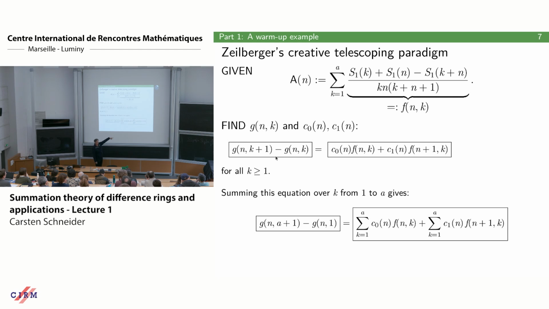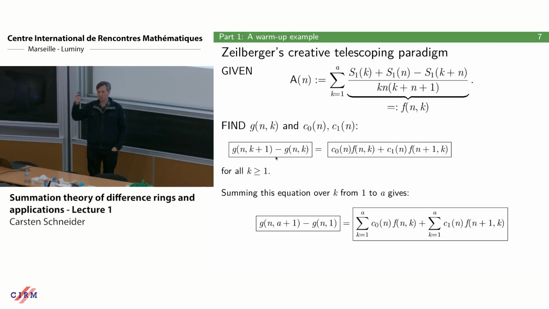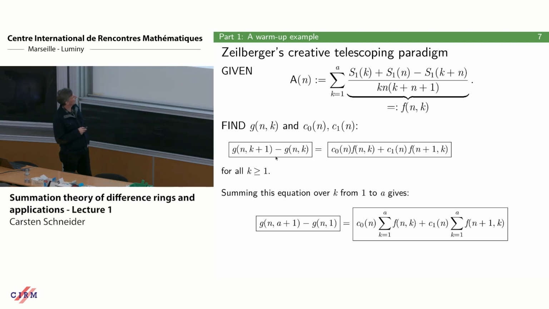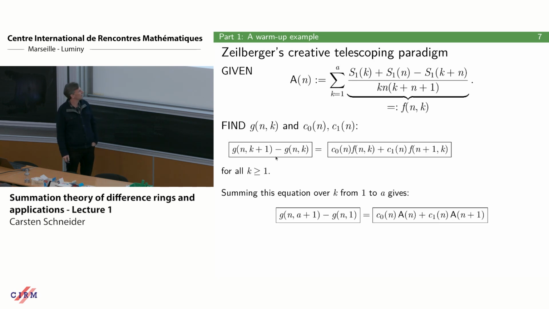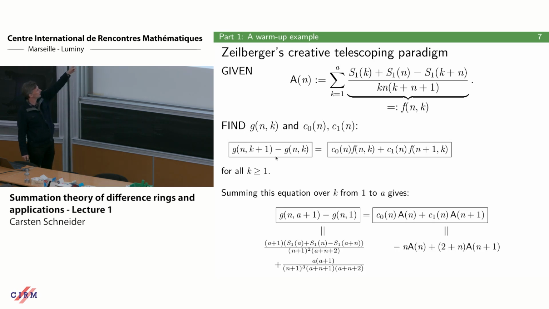I can split the sum into two parts. And now the crucial thing is that c0 and c1 are free of k, so I can pull them out. Now if you lean back, this is exactly my a_n, and that's exactly a_{n+1}. So I obtained a linear recurrence. And using my g explicitly, I get that recurrence relation.